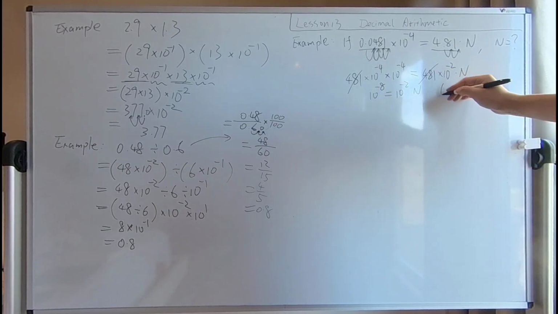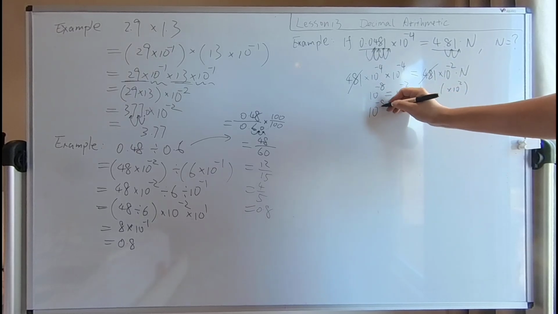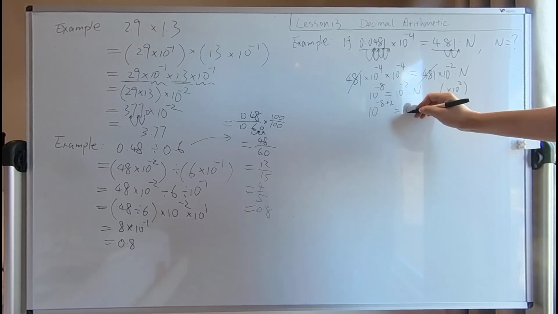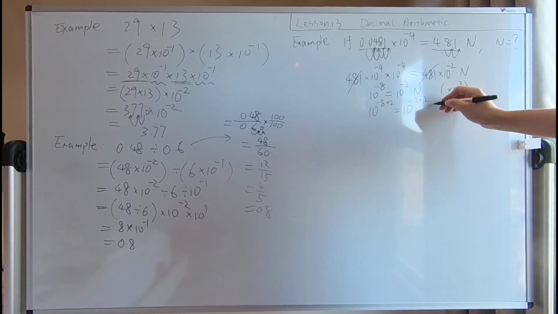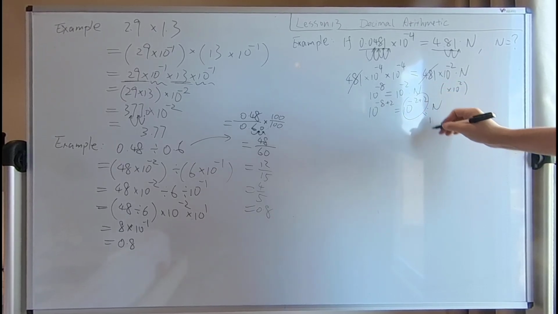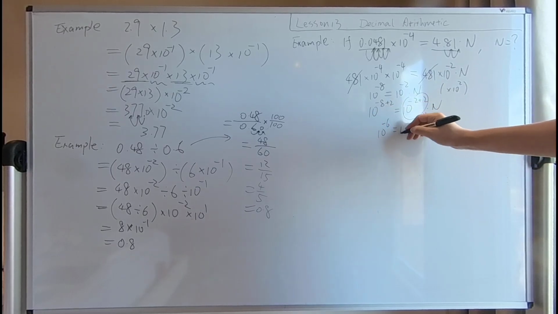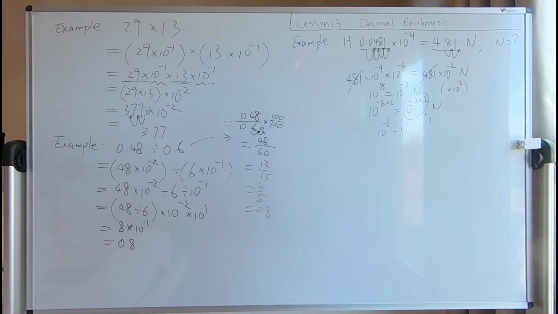If I multiply 10 squared on both sides of the equation, I get 10 to the minus 2 plus 2 times n, and this is just 1. So here my n is 10 to the power of negative 6. And this is how I solve this unknown variable n.